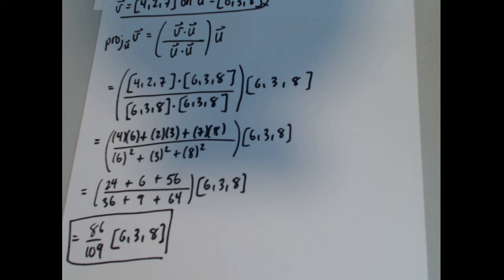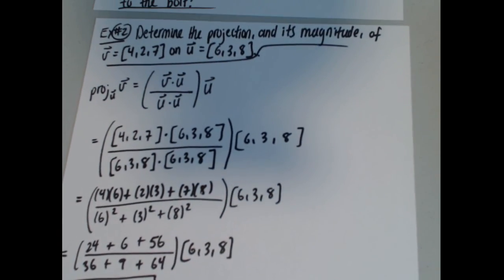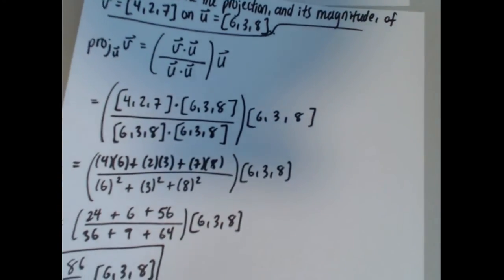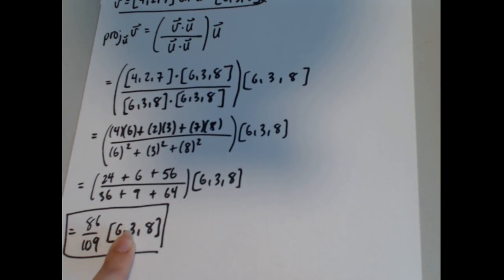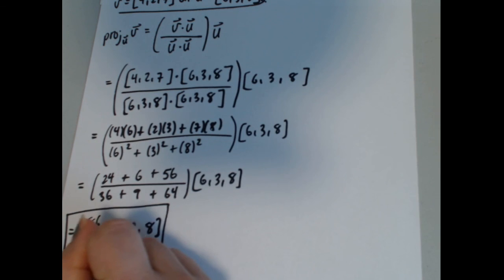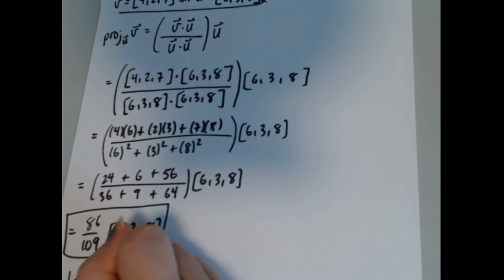The other part of the question was to calculate the magnitude, right? So calculate the projection and its magnitude. So I have to find the magnitude of this. If you had already distributed the 86 over 109 to each part, you would be calculating a lot larger numbers. So here we go. We're looking for the magnitude of the projection of vector v on vector u.